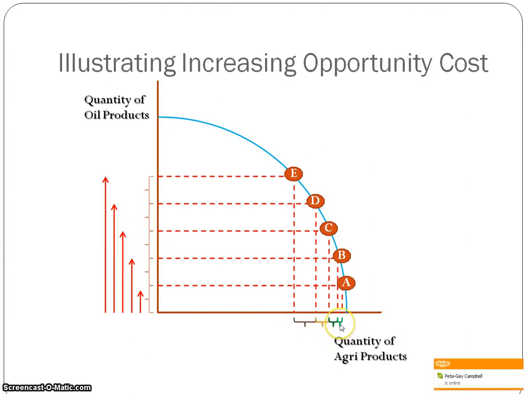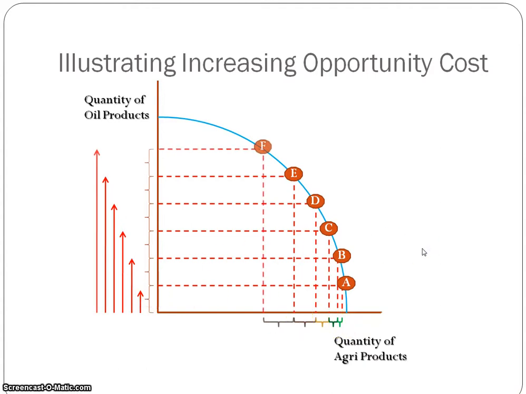And the amount we lose each time has been increasing over our course of production. And lastly, with combination choice F, we again increase production of oil products by an equal amount as before, but the amount we lose of agri-products is even larger.